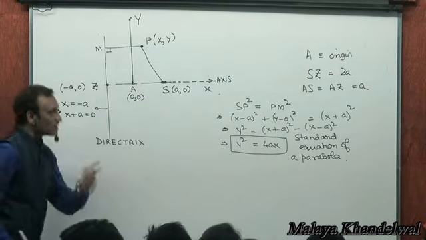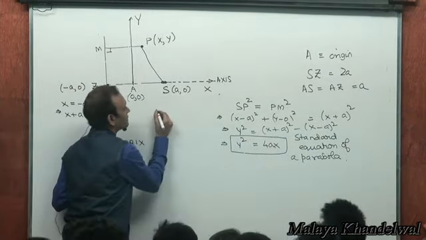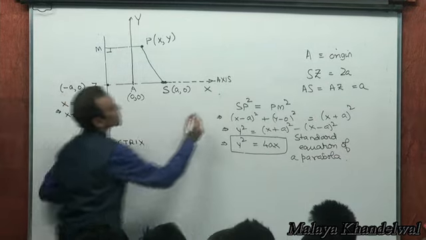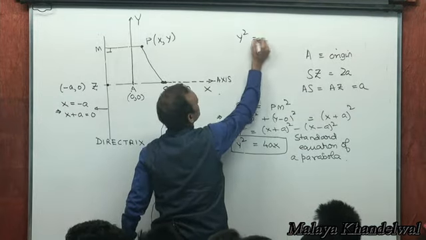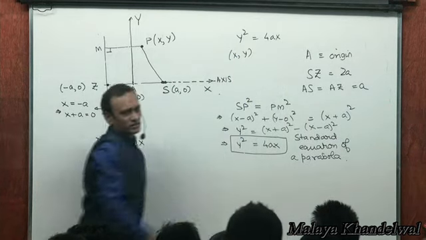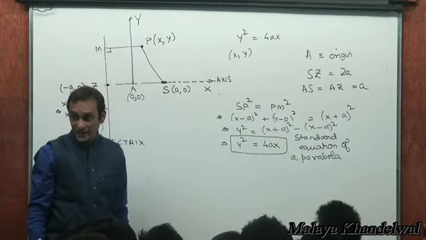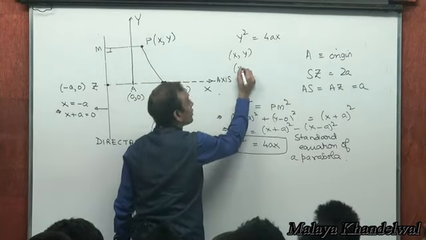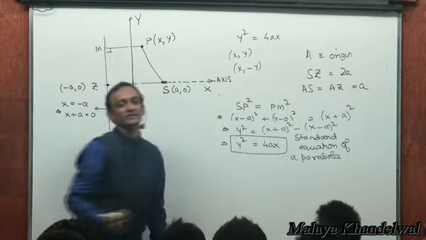Now notice that in this equation, y squared equal to 4ax, if x comma y satisfies this equation, then x comma minus y will also satisfy this equation. Yes or no?